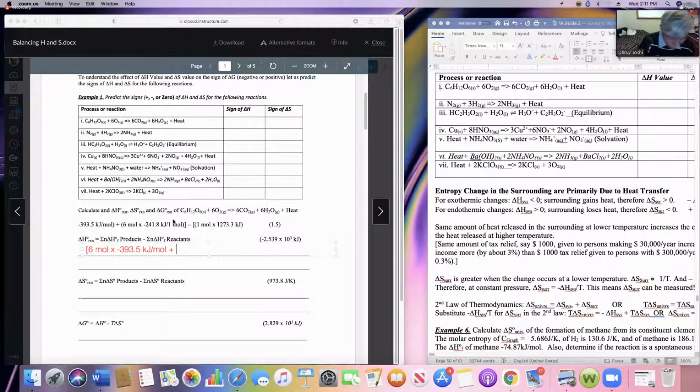And when I do that multiplication, 6 multiplied by 241.8 equals negative, that is a negative thing of course, you know that, negative 1450.8 kilojoules. No moles. Moles are gone.